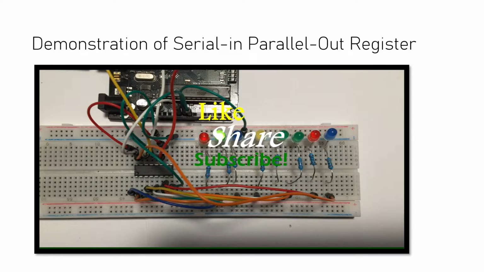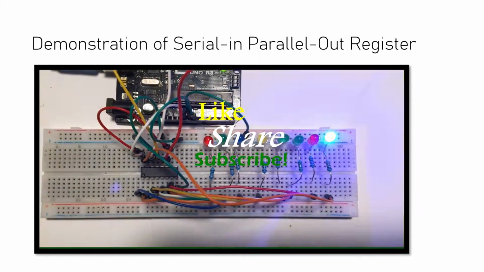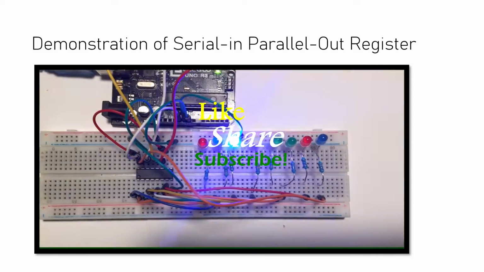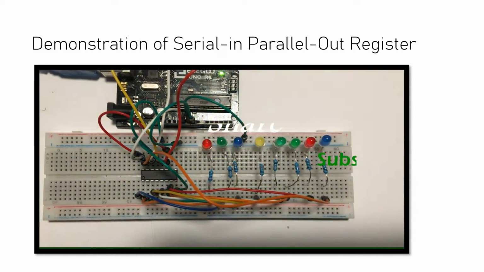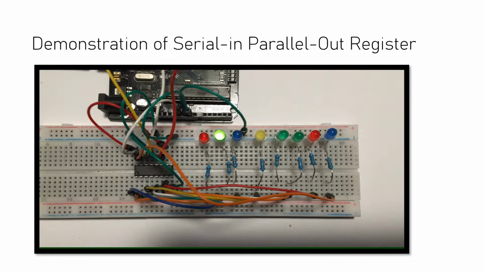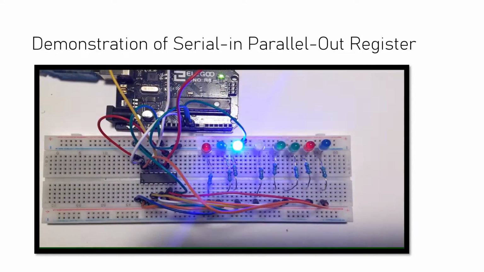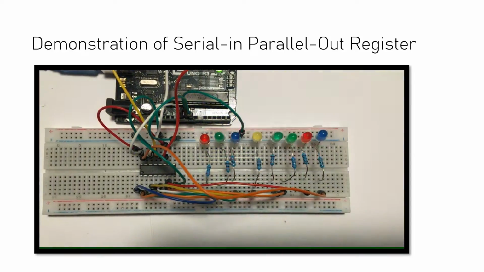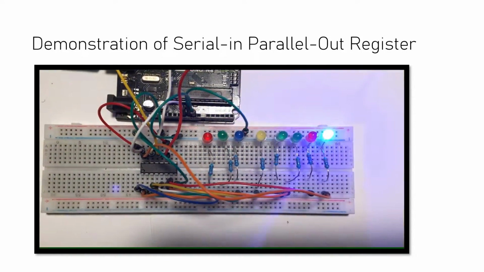We manipulate those 3 pins to move the data within the register and store that data at the output pins, Q0 to Q7. That process is quite simple and straightforward using those 3 pins.